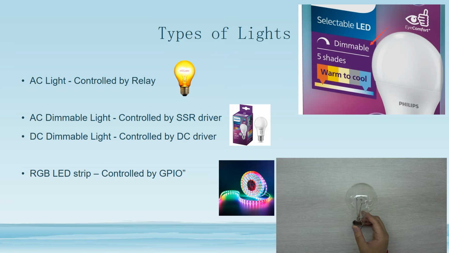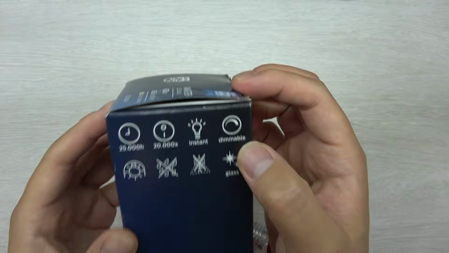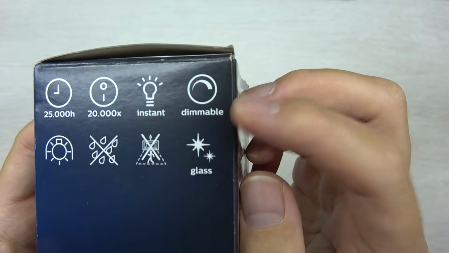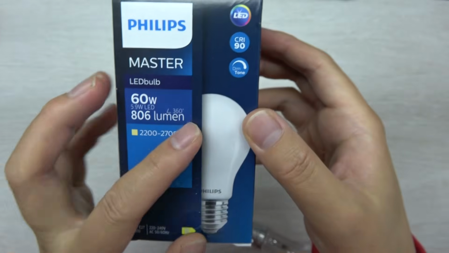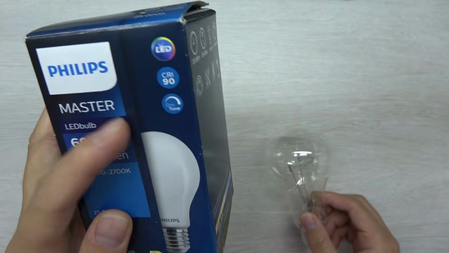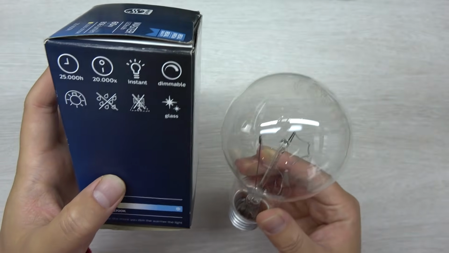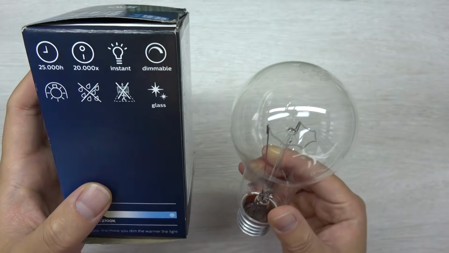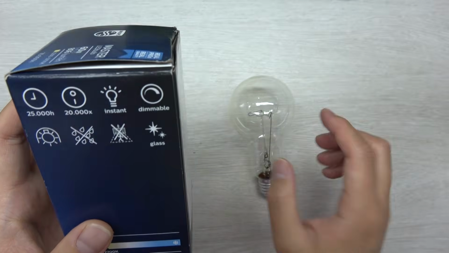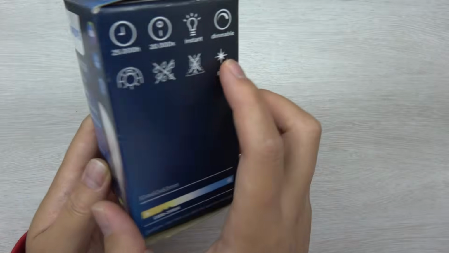You can see on this box that this lamp is dimmable, so you can change the brightness. Some lights are only for on and off, so if you want to use a dimmer, I suggest you choose one with this dimmable label on the package.